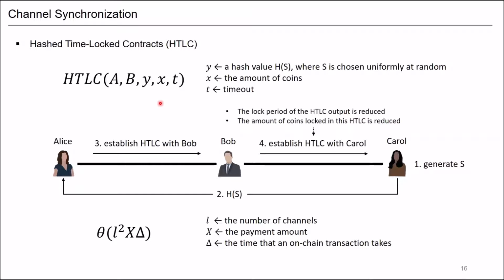Let's assume that A wants to send a payment to C using B as intermediary, and there exists a channel between A and B and between B and C. The receiver C generates a secret S and provides the initial sender A with the hash of the secret, H(S).